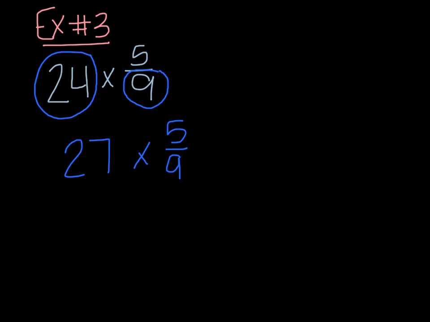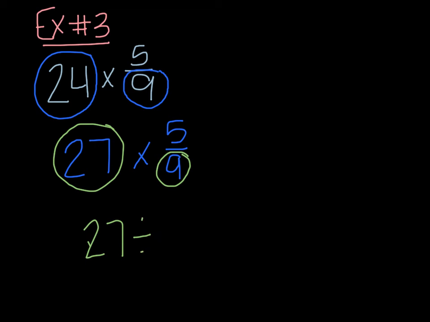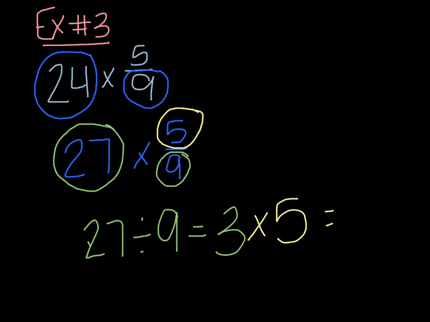All right, so now what we do is we divide 27 divided by 9. And we know that equals 3. And then our last step is just to multiply that by our numerator. So times 5. And 3 times 5 is 15.